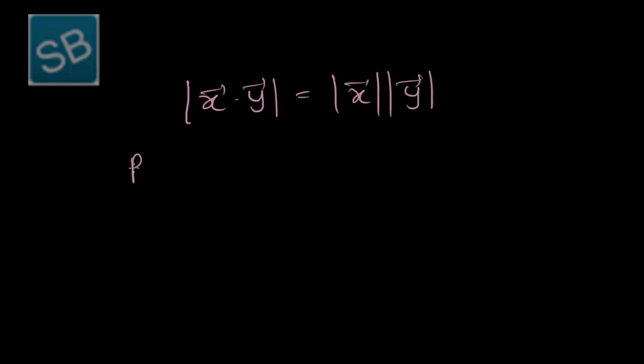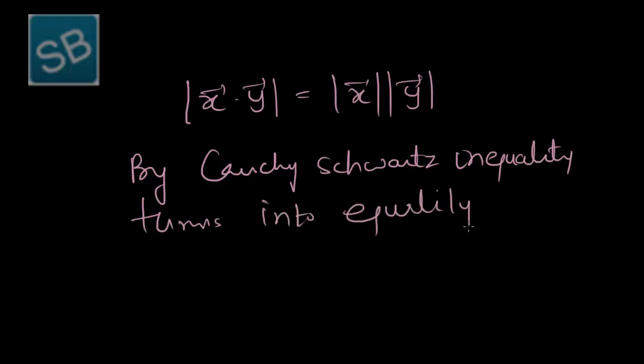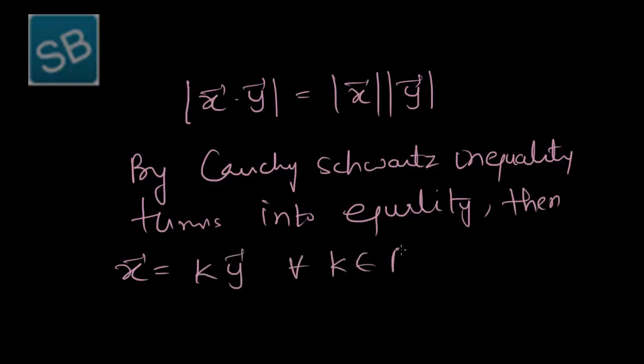So the Cauchy-Schwarz inequality turns into equality, then x is equal to k times y for k belongs to R minus 0, that is k is non-zero and vector x is not equal to 0 and vector y is not equal to 0.